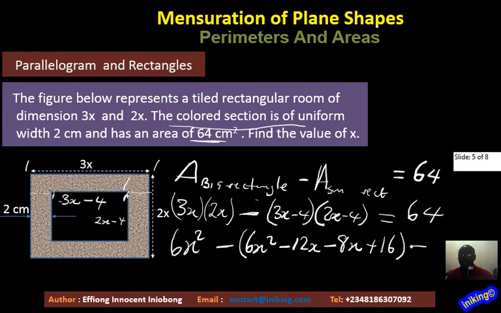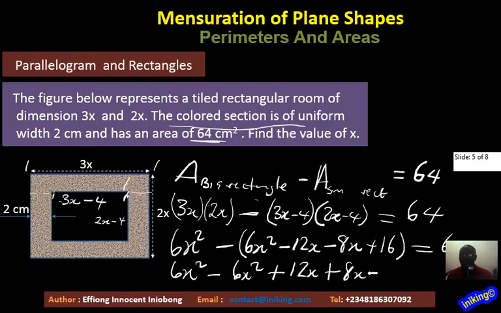I'll close that. That still gives me 64. Simplifying, I open this bracket here. I have 6x squared minus 6x squared. Take note of the minus sign. This will become plus 12x. This will become plus 8x minus 16 equal to 64.